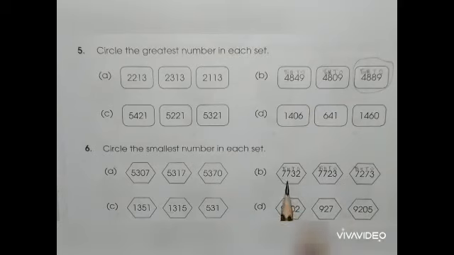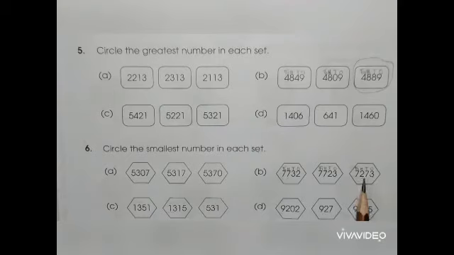Next we'll check the column of hundreds. Here you can see the first number has digit 7 in the column of hundreds. Second also has digit 7 in the column of hundreds. But the third number has digit 2 in the column of hundreds.